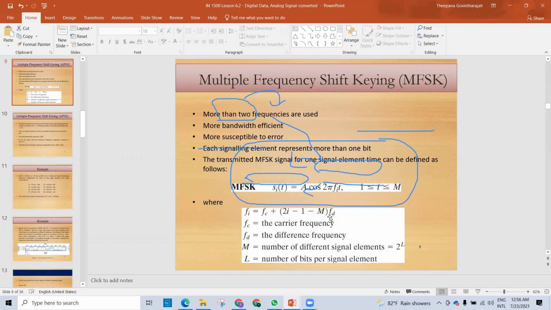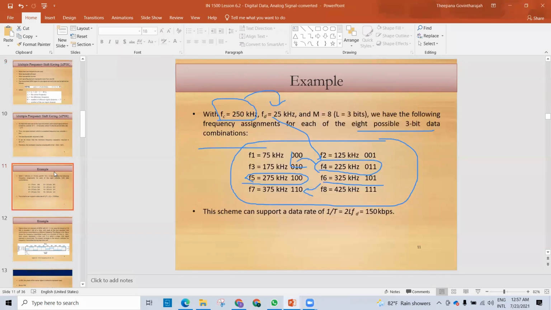So minus 7 into 25 Hertz, that is minus 175 Hertz. Fc is 250, so 250 minus 175 is equal to 75. So the first one is 75. In this similar way, if we put the equation for every i, we can find these 8 different frequencies.